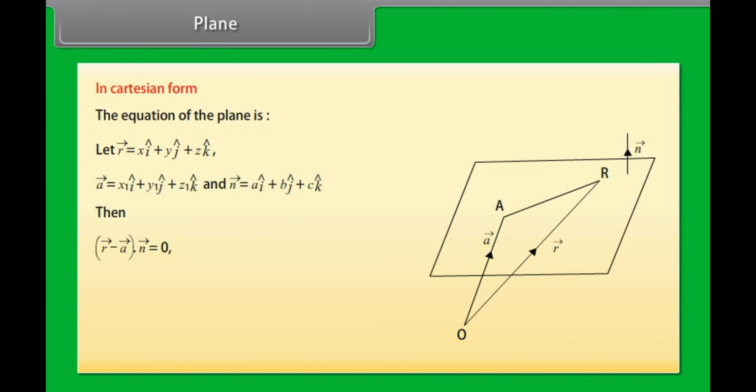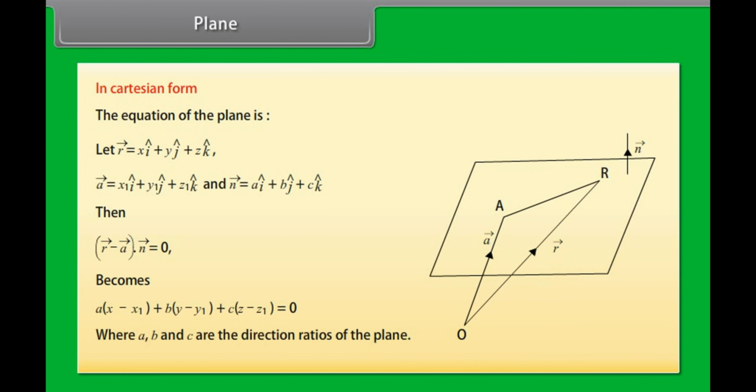Then, the dot product of vector r minus vector A and vector n equals 0 becomes a(x minus x1) plus b(y minus y1) plus c(z minus z1) equals 0, where a, b, and c are the direction ratios of the plane.